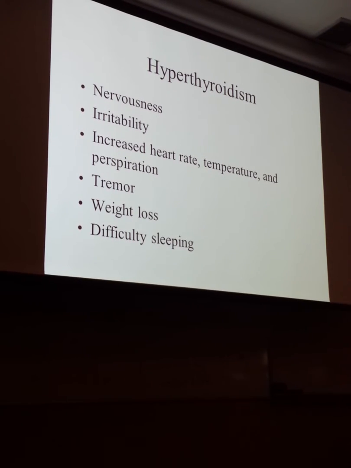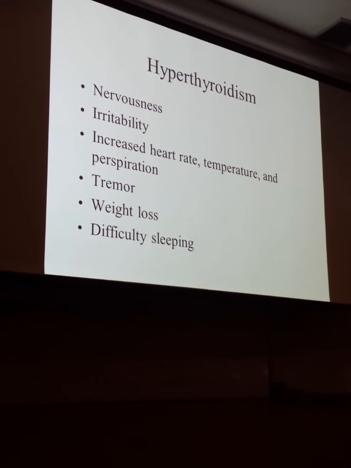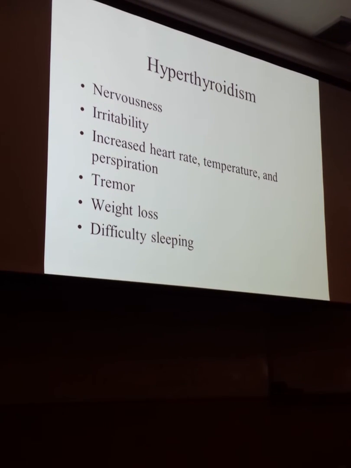So if you get hyperthyroid because there's too much thyroid hormone, you get nervous, irritable, you get a very high heart rate, temperature goes up, and you perspire all the time. A lot of times people have a tremor. It's not a resting tremor or an intention tremor; it is a constant tremor. People that are hyperthyroid often have trouble sleeping, so it's one of the causes of insomnia.